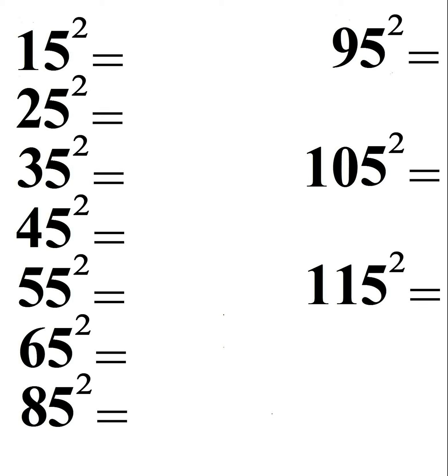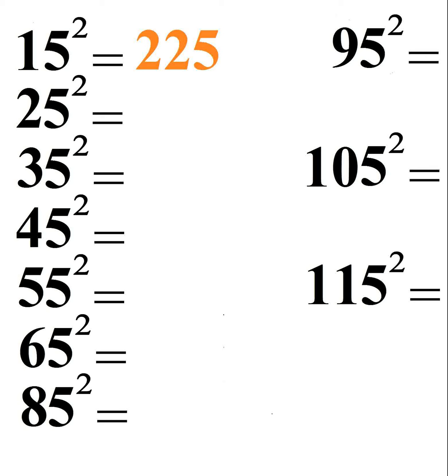Now let's calculate the squares of the numbers ending in 5 up to 115. And let's start with 15 squared. As before, we should multiply the number preceding 5 into its next integer. So we should multiply 1 into 2, which equals 2, and next to it 25. So the answer is 225.